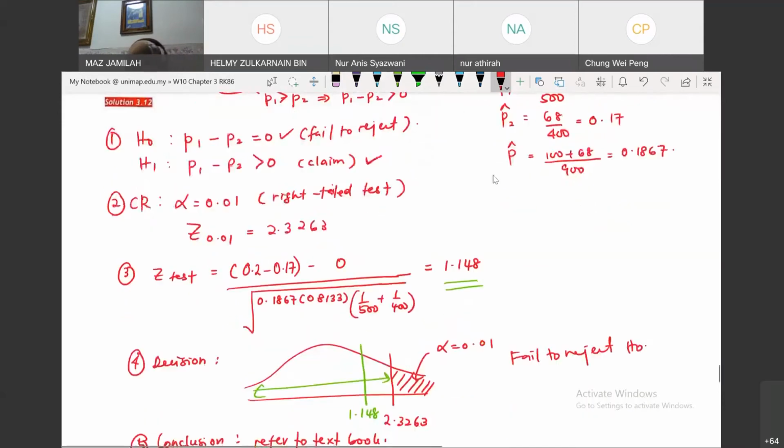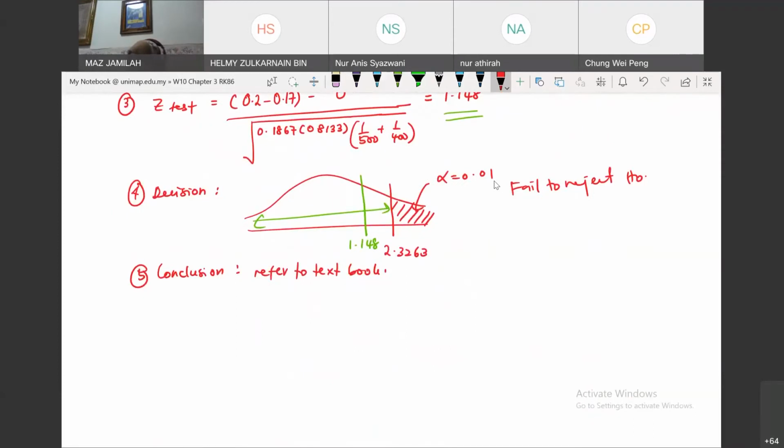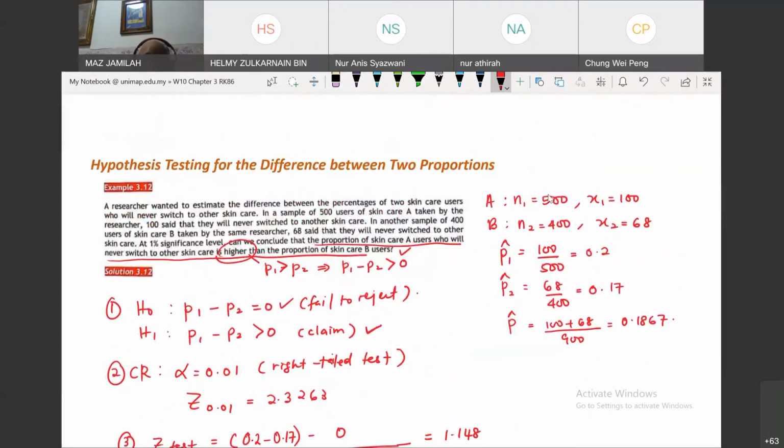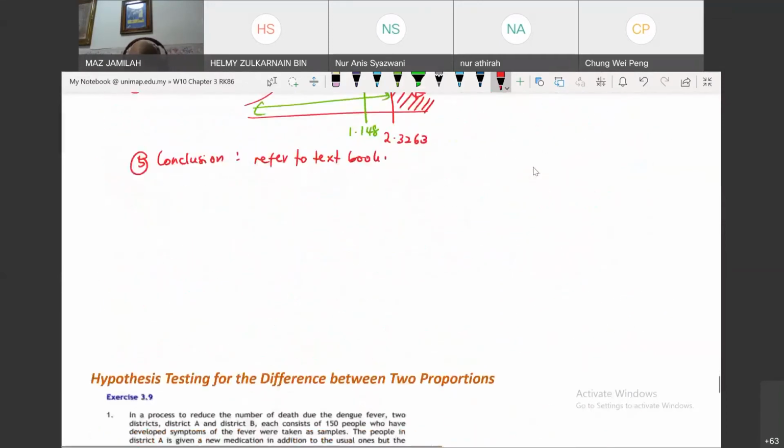So we conclude that we have insufficient evidence to support the claim. What is the claim? The proportion of skincare A users who will never switch to another skincare is higher than the proportion of skincare B users. That will be your conclusion.